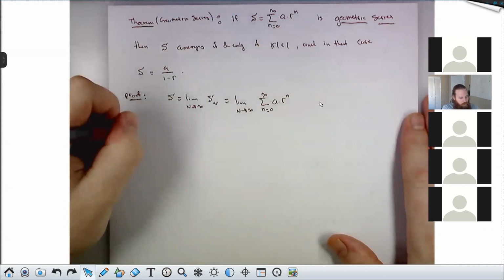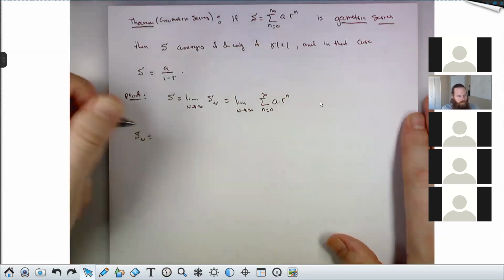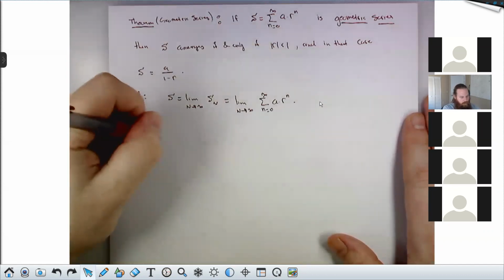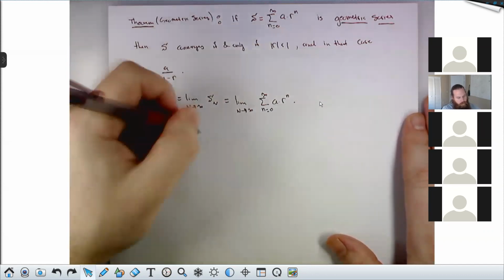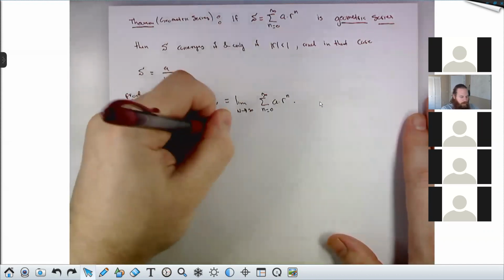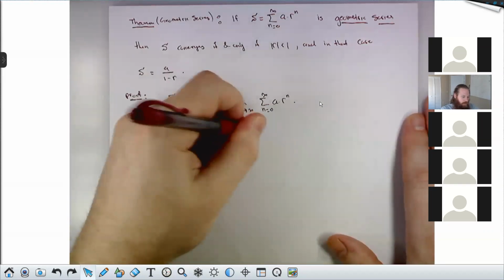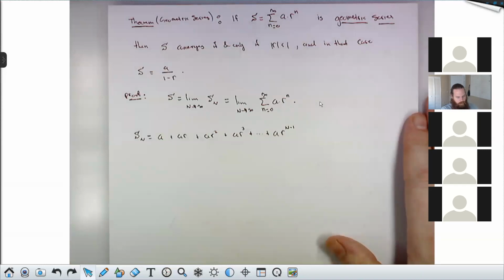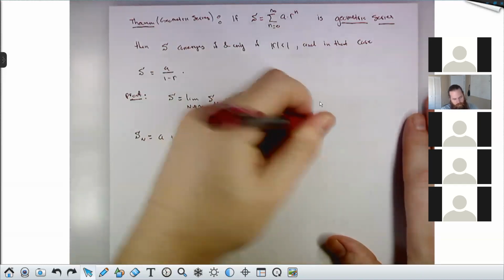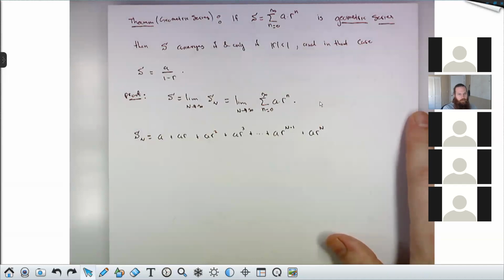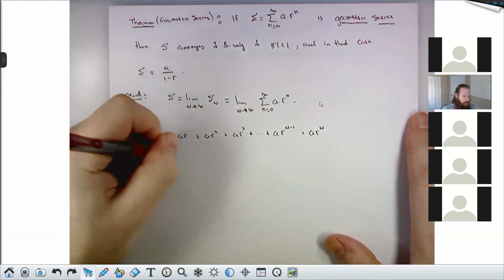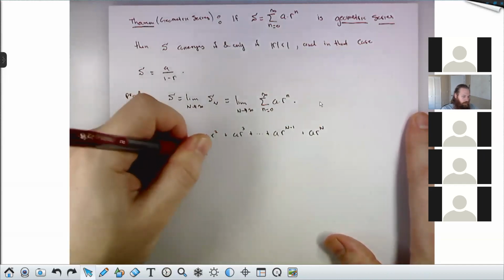So now I'm going to write out S sub N. This thing is a plus a times r plus a times r squared plus a times r cubed, out to the second to last term, which is a times r to the N minus 1, and the very last term is a times r to the N. I can factor out an a, and what's left is 1 plus r plus r squared plus r cubed, and so on.